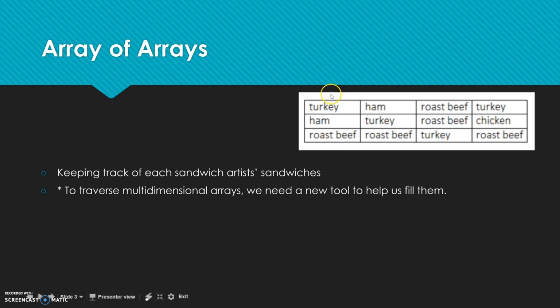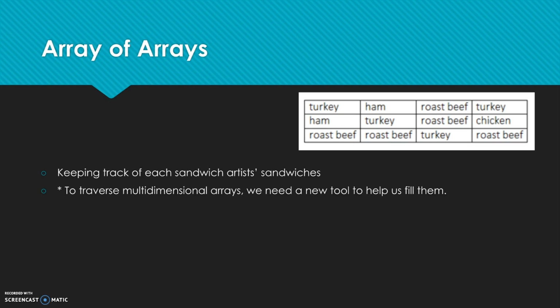So artist 1 is turkey, ham, and roast beef. Artist 2 is ham, turkey, roast beef. Artist 3 has 2 different kinds of roast beef sandwiches and 1 turkey. And artist 4, turkey, chicken, and roast beef. We now have a two-dimensional array, or a rectangular array, right?